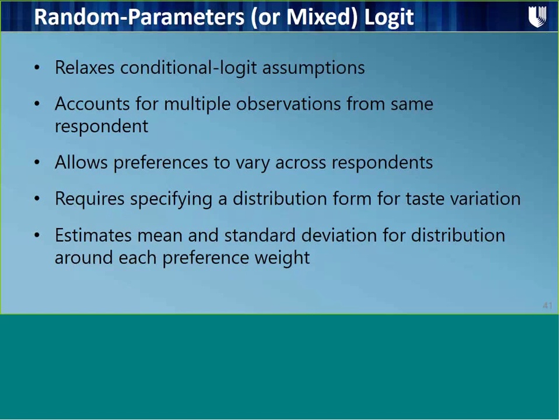It assumes that the distribution of preferences is continuous, meaning that there are sort of an infinite number of groups out there, and that every respondent can be ever so slightly different from the others, so that you can build an infinite number of preference profiles in the population.